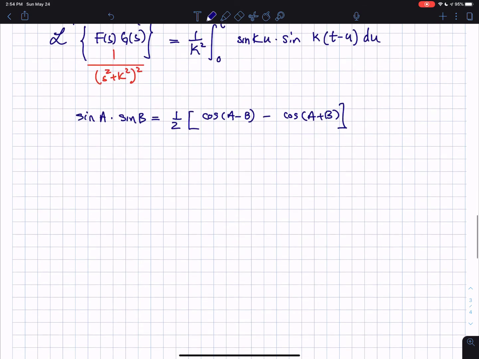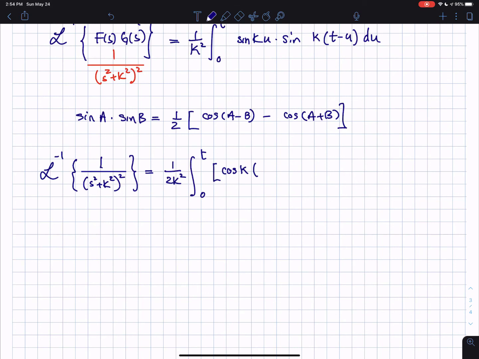And with the substitution, I can simply see that the Laplace inverse of 1 over (s squared plus k squared) squared is equal to 1 over 2k squared times the integral from 0 to t of cosine of k(2u minus t) minus cosine of, and things will cancel out here, so you'll just get kt, du.